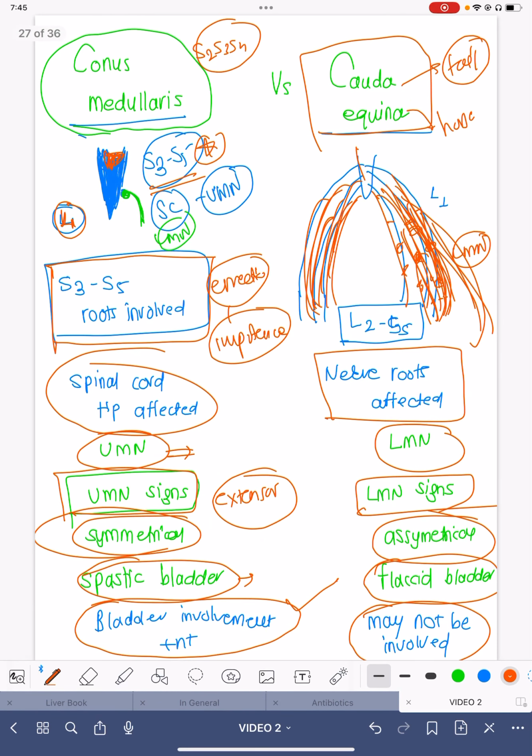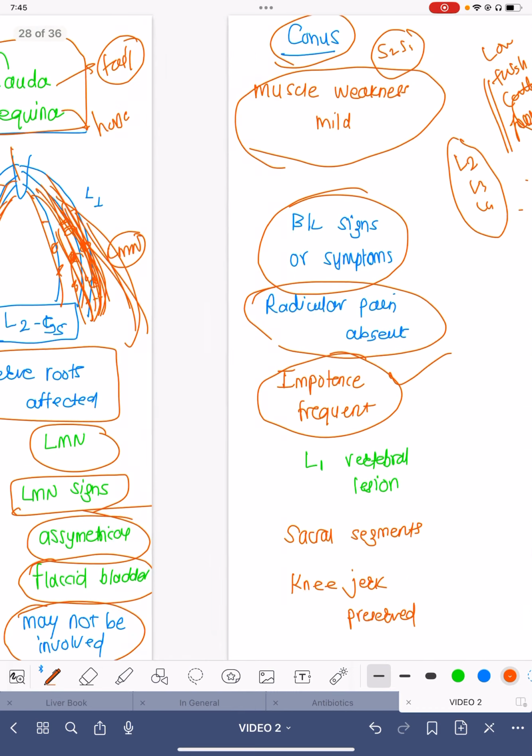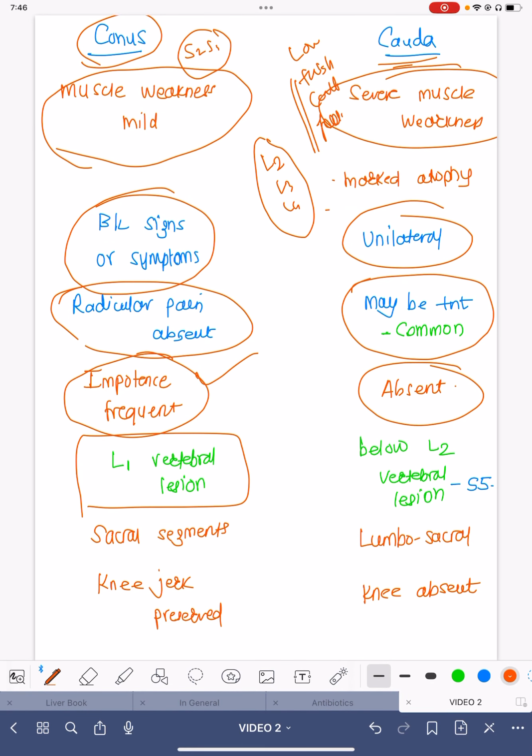We know the spinal cord ends at the level of L1. So in conus, it is an L1 vertebral anatomical lesion, whereas in cauda, it is below L2 because the spinal cord ends at L1. So whatever roots are involved, which are unilateral roots, they all will be below the L2 vertebral lesion.